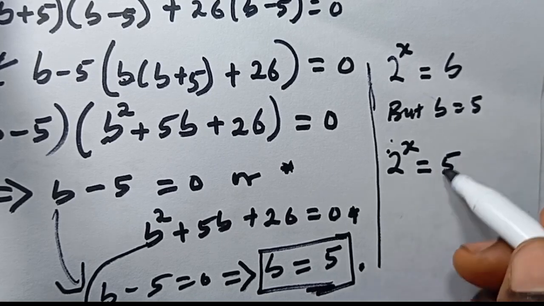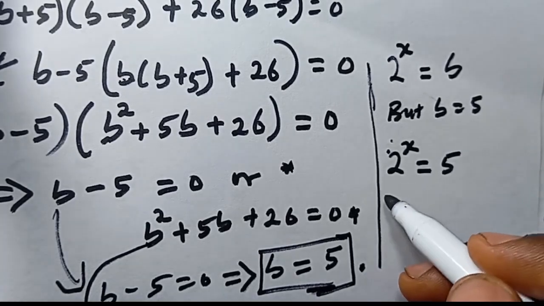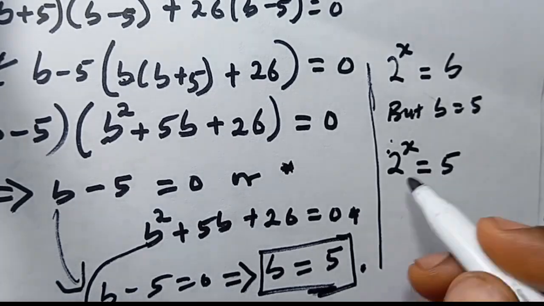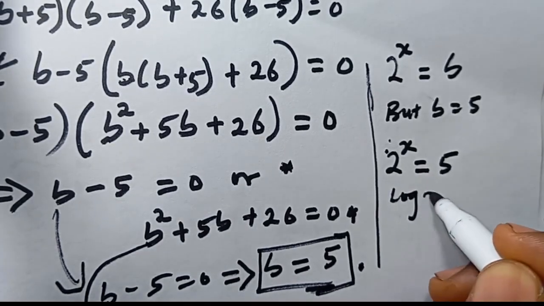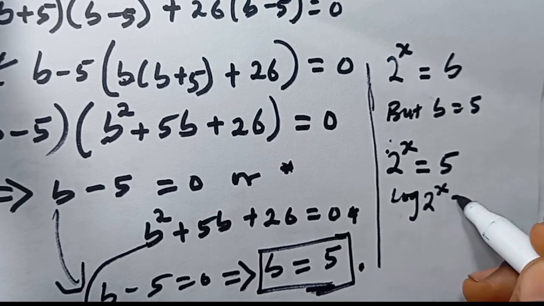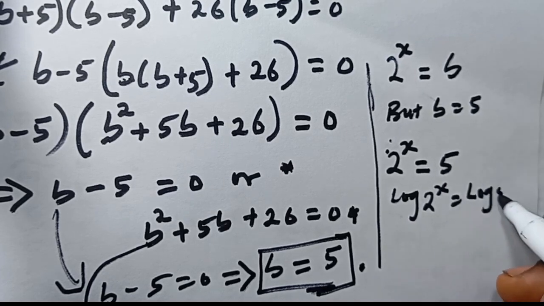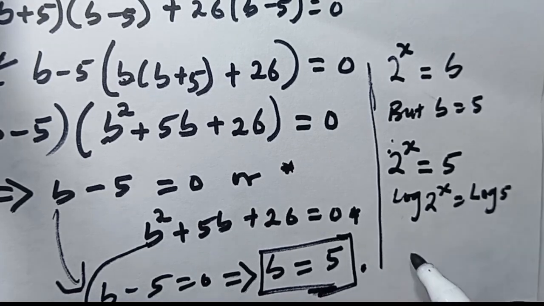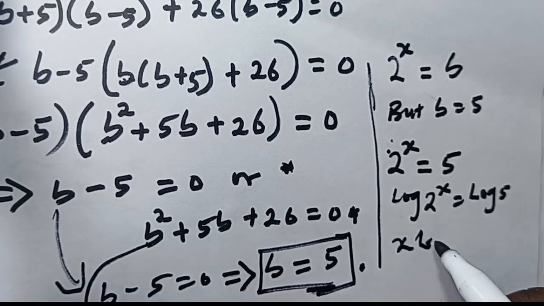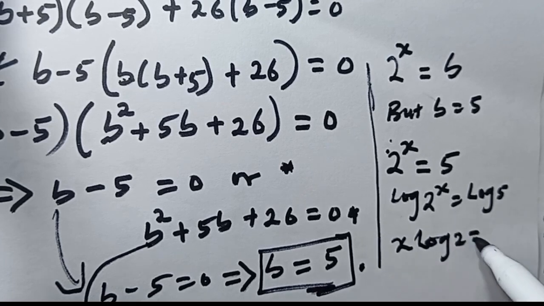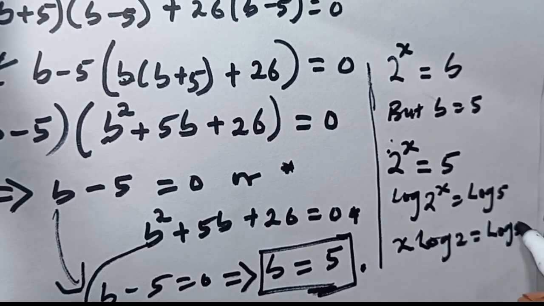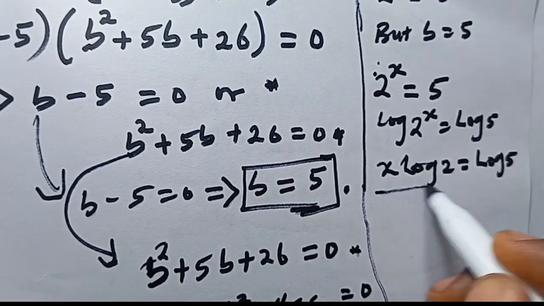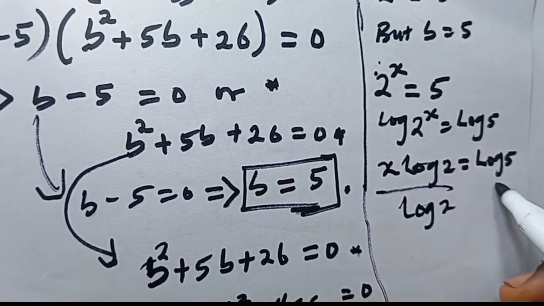So how do we find x over here? We can do that by taking the log of both sides. So this will be log 2 power x is equal to log 5. Okay, and obviously if we bring this one down, x log 2 will now be equal to log 5. And then we can go ahead and divide through by log 2.